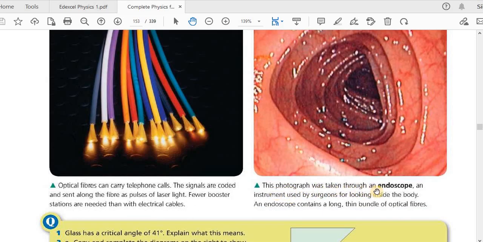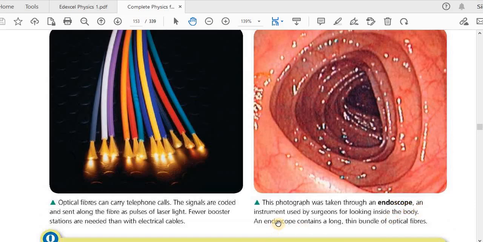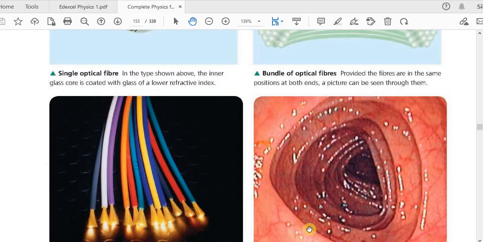This photograph was taken through an endoscope, an instrument used by surgeons for looking inside the body. An endoscope contains a long thin bundle of optical fibers. So the light can be sent inside, and then you can have a camera fixed to this. That's how they took this photo. Or you can even see it live, what's inside. I have seen videos. Maybe if you go online and check endoscope, you might see how they see inside the gut, inside the digestive system.